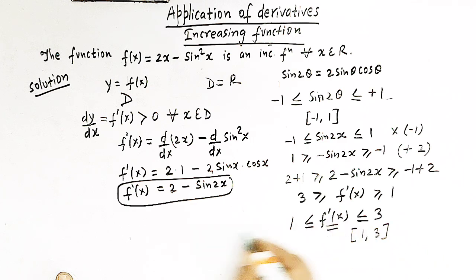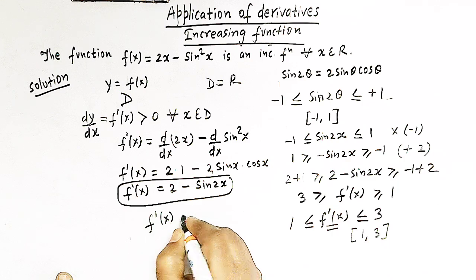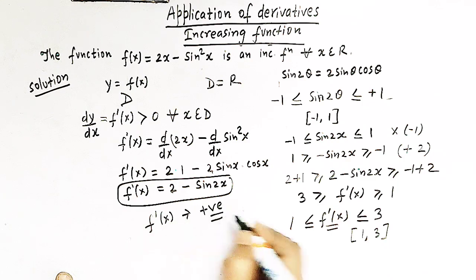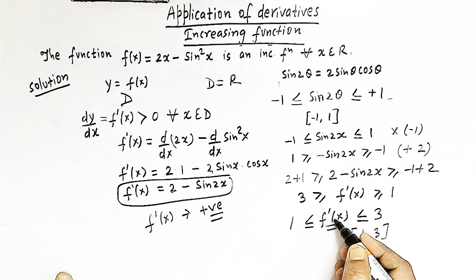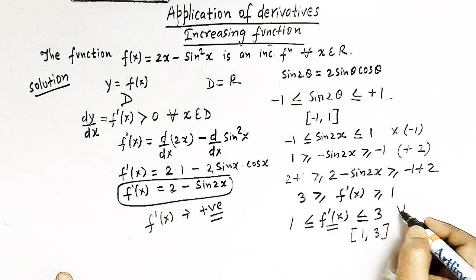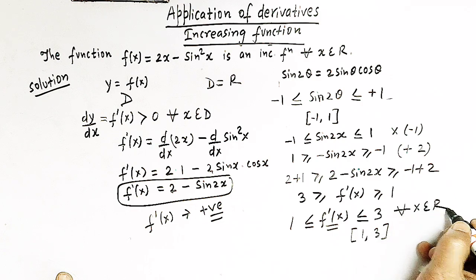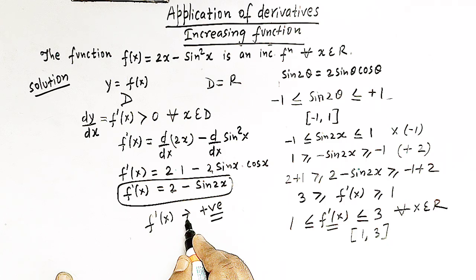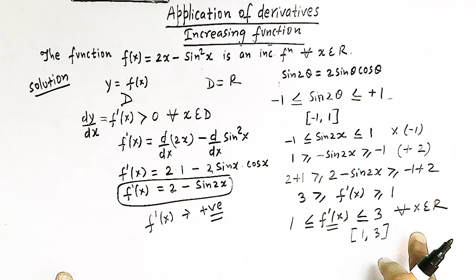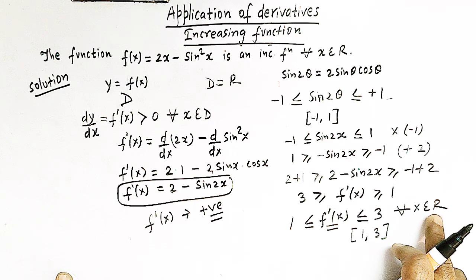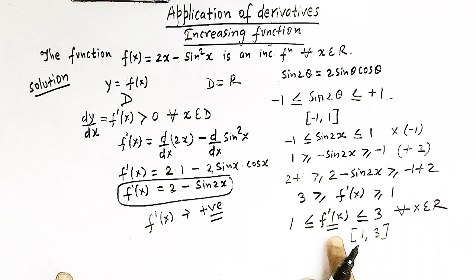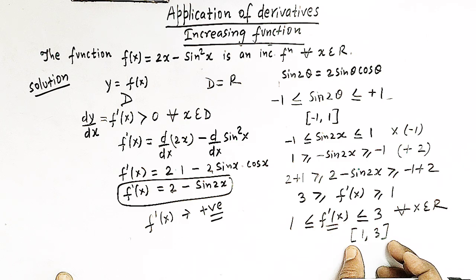And f prime of x is always going to be positive, because the value of f prime of x lies in this interval, from positive 1 to positive 3, for all values of x belonging to R. So f prime of x is a positive quantity for all values of x belonging to the set of real numbers, because f prime of x has a value lying between 1 and 3, and both these numbers are positive.